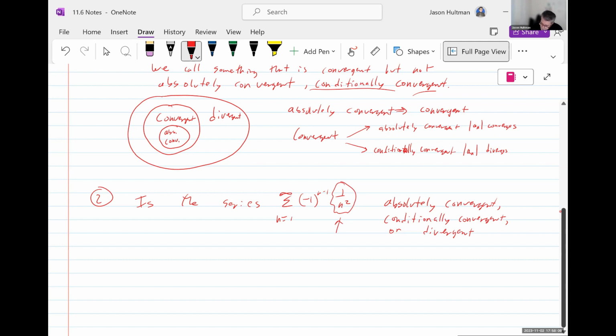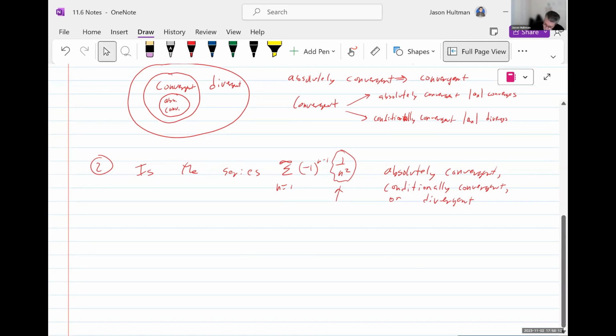If I just look at the non-alternating part, then absolute convergence gives me convergence. And so I don't have to go through the 2 steps before.